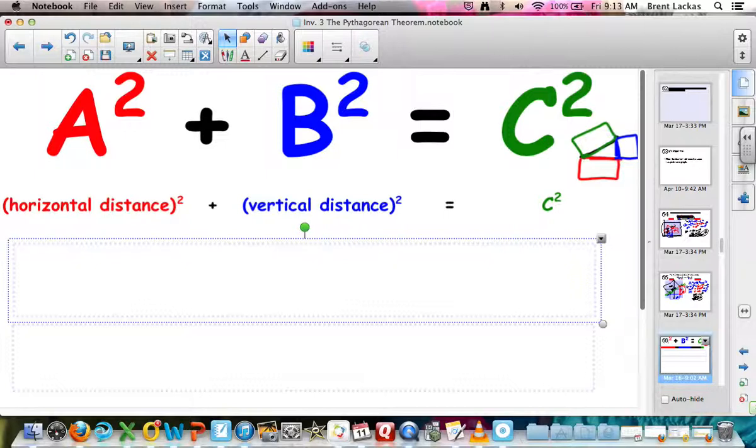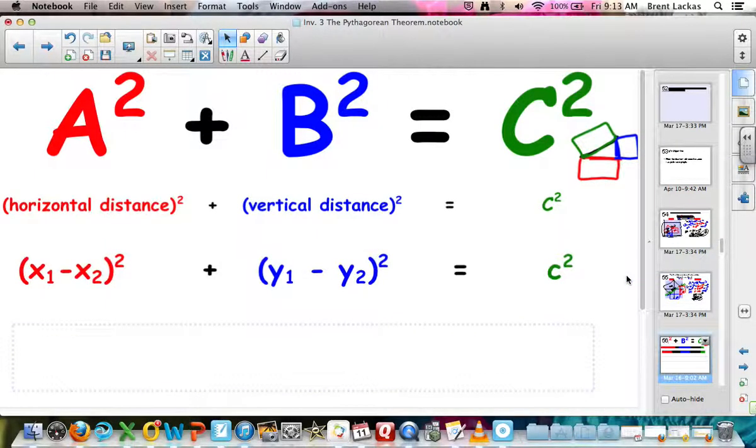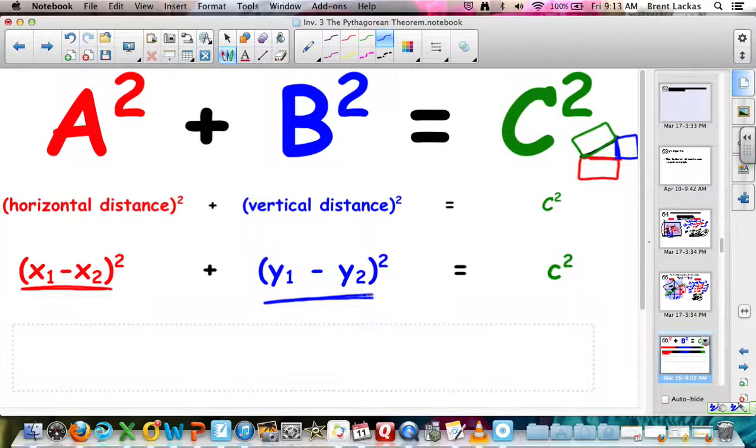Now how do I get my horizontal distance? I can subtract my x coordinates right here. To get my vertical distance, I can subtract my y coordinates. Think about a thermometer there. Once I have those distances, I square them, and again I get my hypotenuse square.